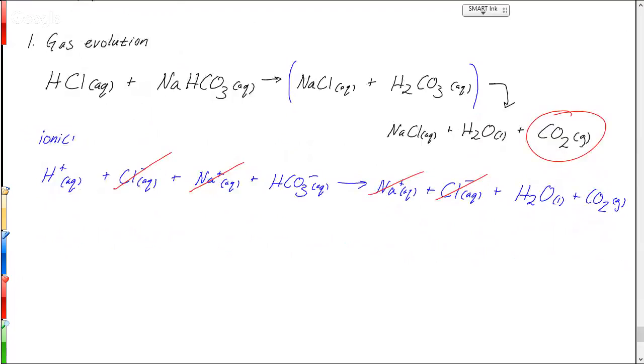So the big question about this, or the hard part about this, is how do you know? If you're just given two reactants, how do you know that they're ultimately going to produce a gas? How do you know that this is not just going to be carbonic acid? So the trick here is to look for a particular type of reactants.